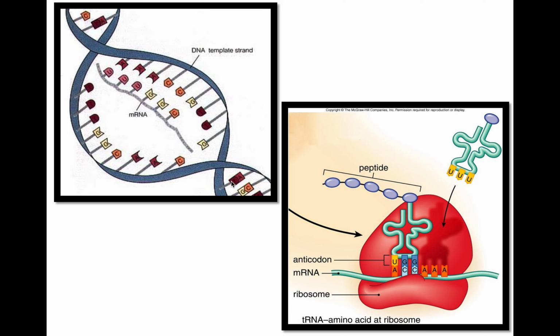So on the top left, everybody look at the board. On the top left, you can see that mRNA has broken up that DNA strand, and it's reading parts of the DNA. The mRNA is only going to be really short, and it's going to take that message that it just read and go to a ribosome over here. So you can see the mRNA on the bottom right. That's it right there.